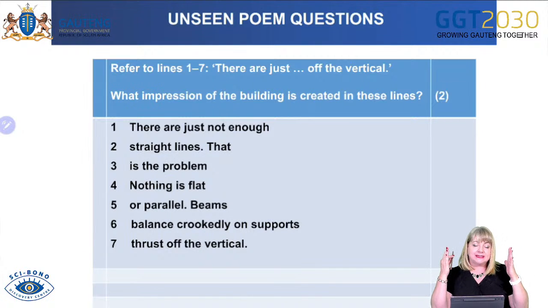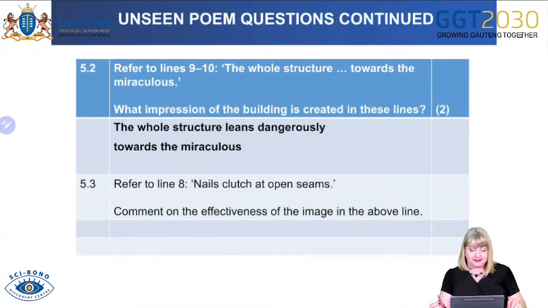You might have columns or walls that balance each other. And usually it's not crooked. We wouldn't want a building to be crooked. And yet somehow in this building, things are crooked. So those are the things you're going to mention in your answer.